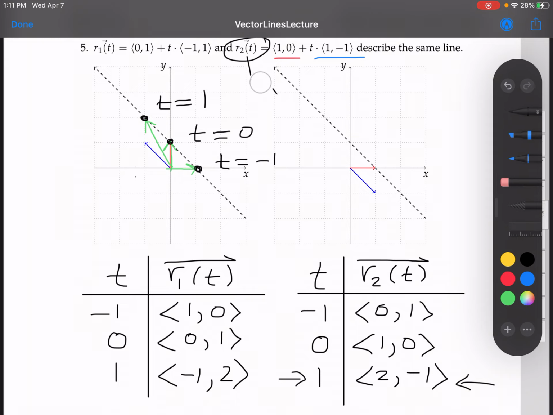And similarly, the point that I want to make here is, when t is negative 1, we have over 0, up 1. When t is 0, we have over 1, up 0. And when t is 1, the sum gives us over 2, down 1. So we draw these points here.